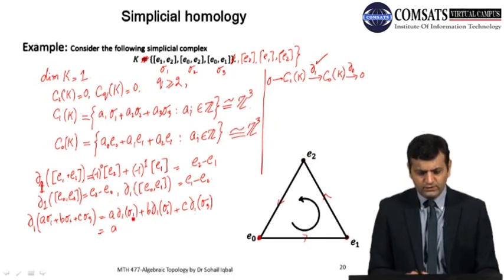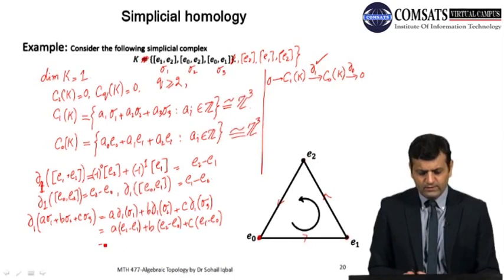Sigma 1 is E1, E2, so this is A times (E2 minus E1), plus B sigma 2, which is E0, E2, so E2 minus E0, plus C times partial 1 of sigma 3, which is E0, E1, so E1 minus E0.